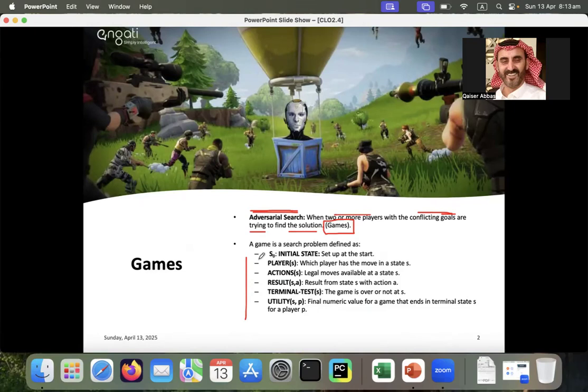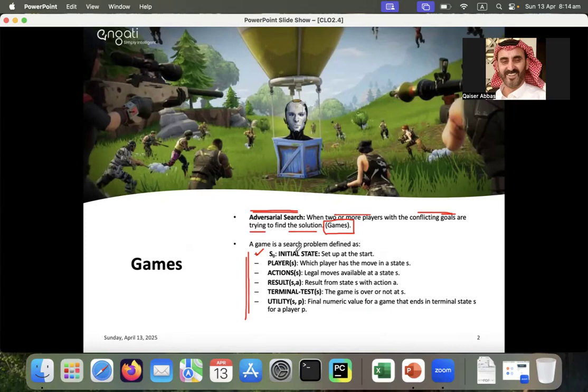Here we are defining those things for games. A game is also a search problem, and we have to define its initial state, players, actions, result, terminal test, and utility. So now it is becoming 6 points, not 5, but that is okay.